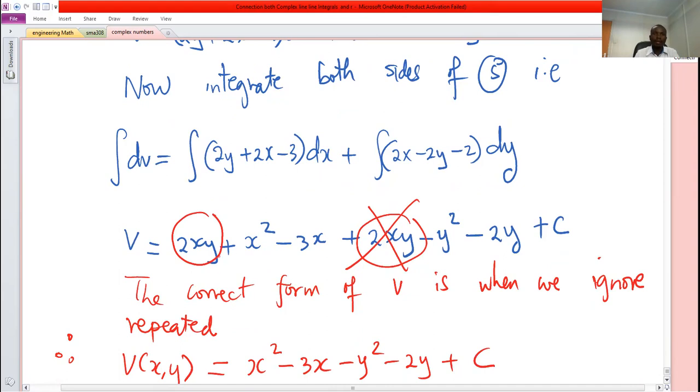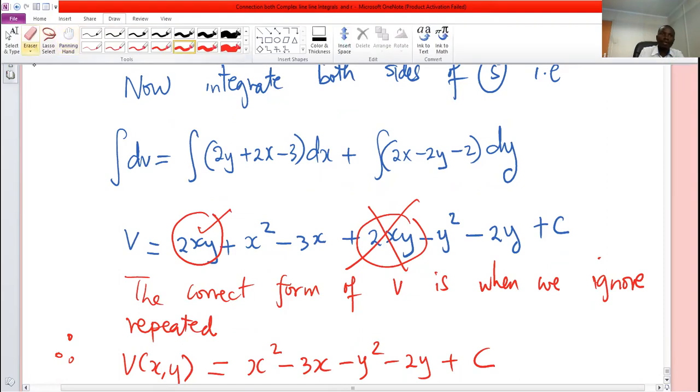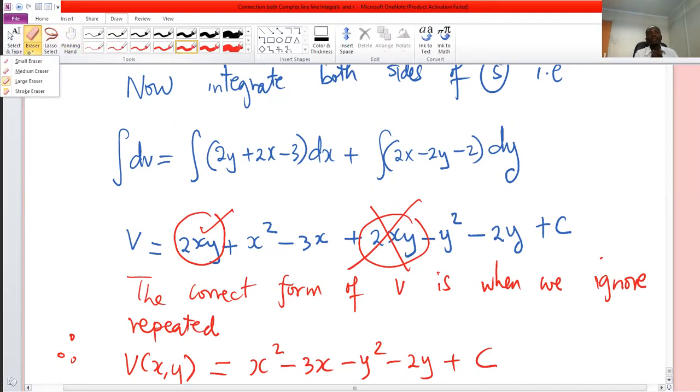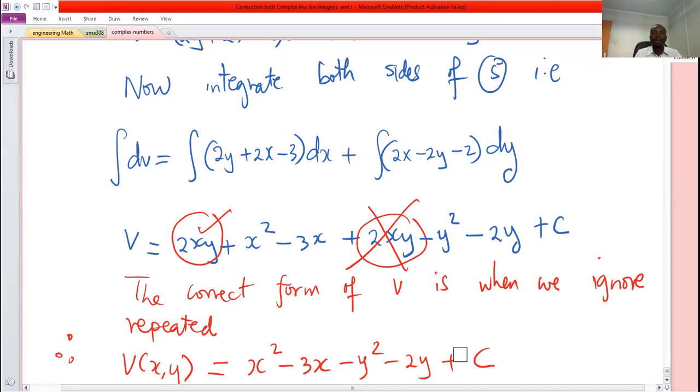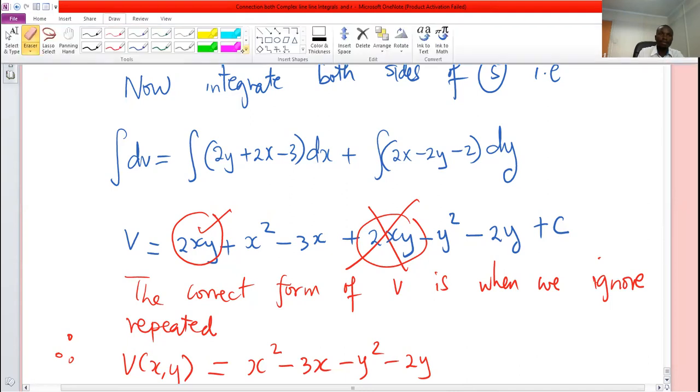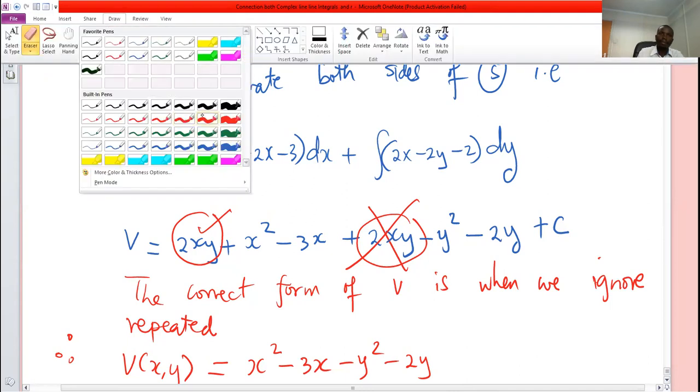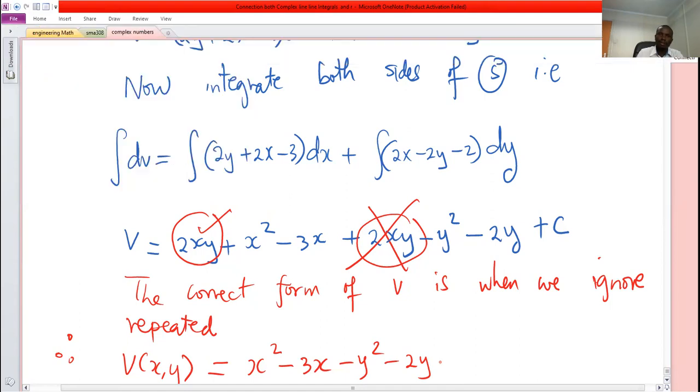And then we include one of the repeated terms. So remember, when two terms are repeated, you don't add them together, but you do away with one, and then retain only one of the two terms. So then plus 2xy, then plus c.